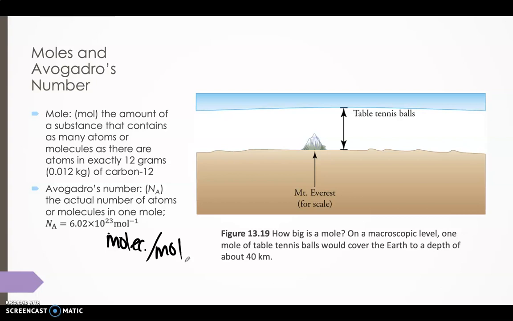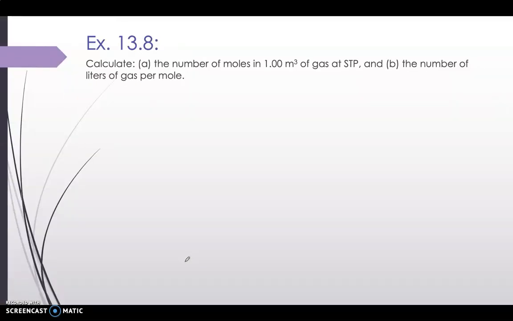All right. So using this information, we can go ahead and do another example, 13.8. It states, calculate the number of moles in 1 cubic meter of gas at standard temperature and pressure. We did find the number of molecules in the last example, so I'm going to use that information.